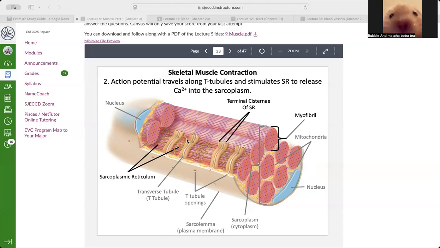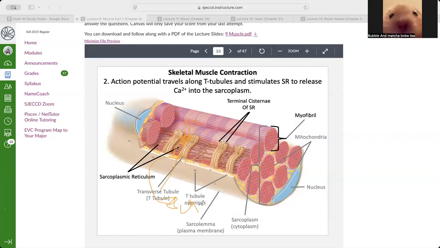Calcium is released from these guys right here. The action potential goes to this guy, which stimulates the terminal cisternae, which then goes to the SR. The SR releases this calcium, and it comes out like that.